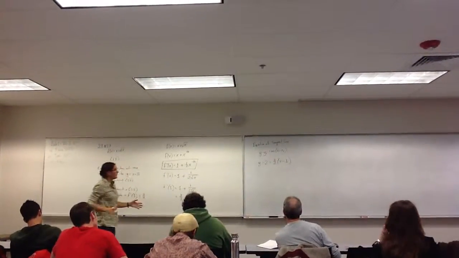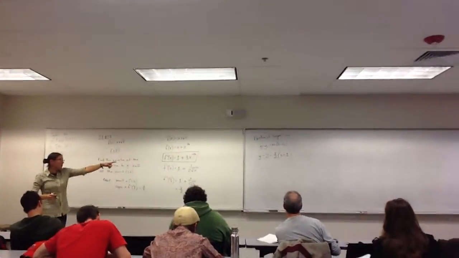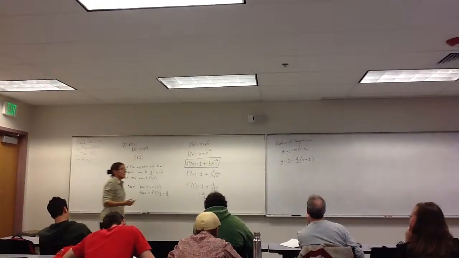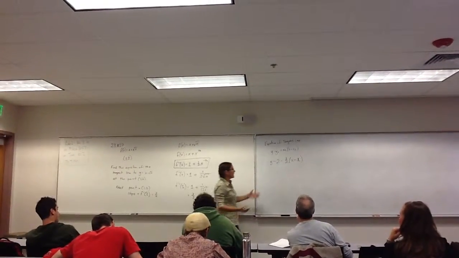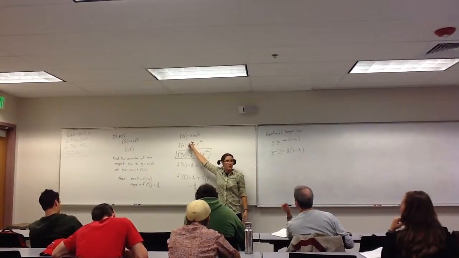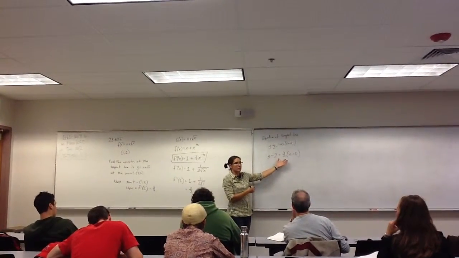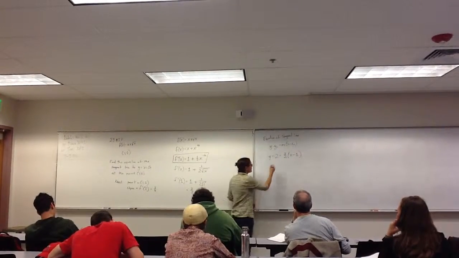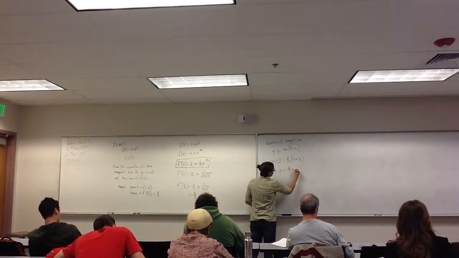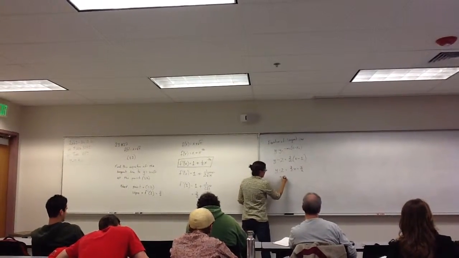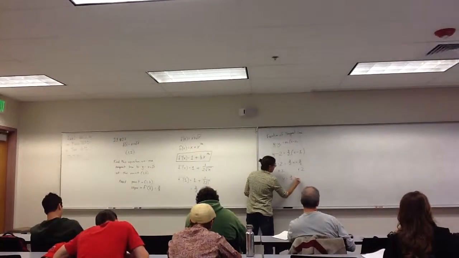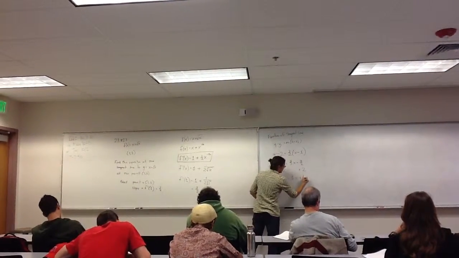And if you're not told anything else about the equation of your tangent line, then we're done right there. But if we want to actually type that into the calculator and check to see if this is a legitimate tangent line to this given function, then I would want to solve and write this in y equals mx plus b form. So we've got y minus 2 is equal to 3/2 x minus 3/2. Add 2 to both sides, and we've got y is equal to 3/2 x plus 1/2.